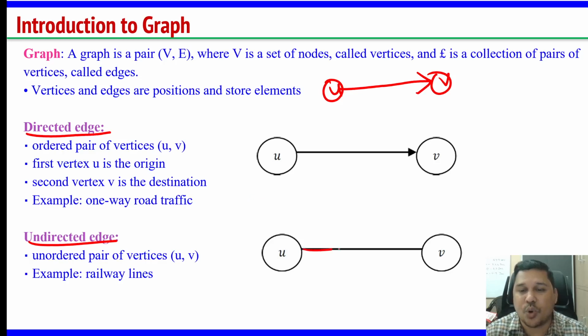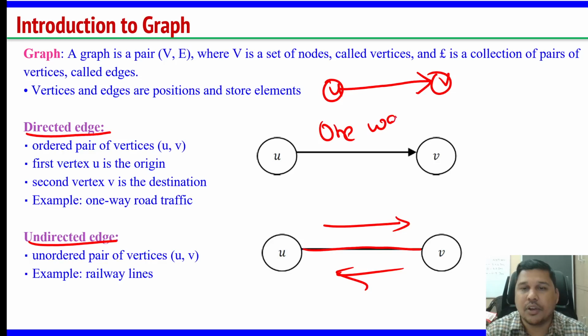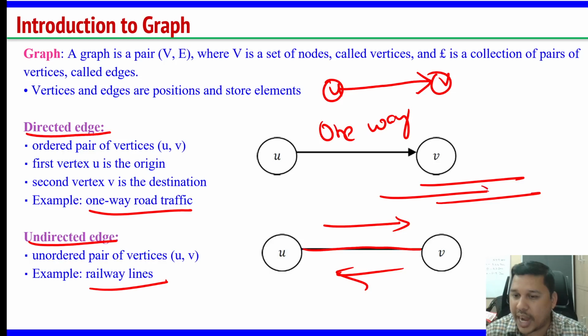Undirected means there is no direction, it is two ways, while this is only one way. One-way road traffic is an example of a directed edge. Undirected means railway lines: on the same track a train can go and a train can come, both are possible, right. So these are two different concepts, directed edge and undirected edge.